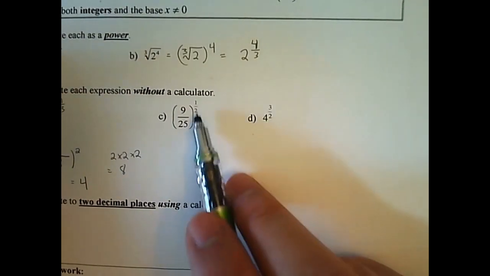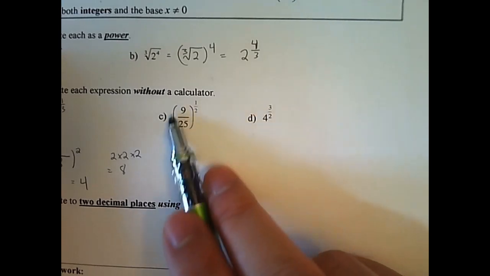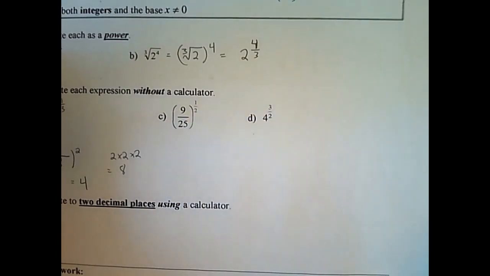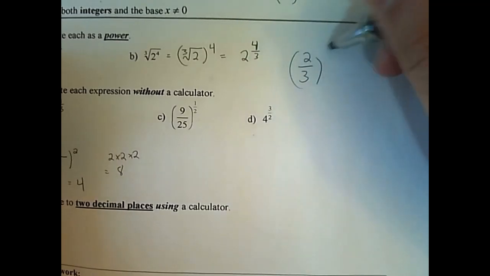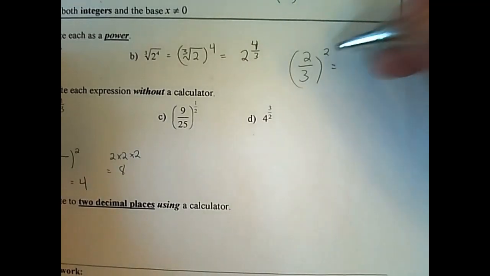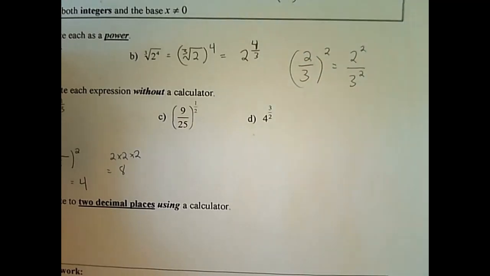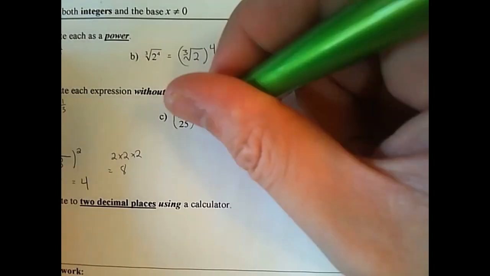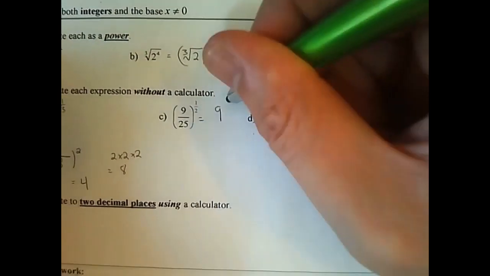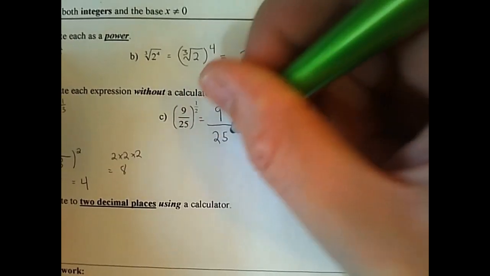So if I have a half as the exponent and a fraction as the base, remember, if I have an exponent applied to a fraction, I have to apply the exponent to the top and to the bottom of the fraction. So I'm going to apply this half to the top and the bottom: 9 to the power of half over 25 to the power of half.